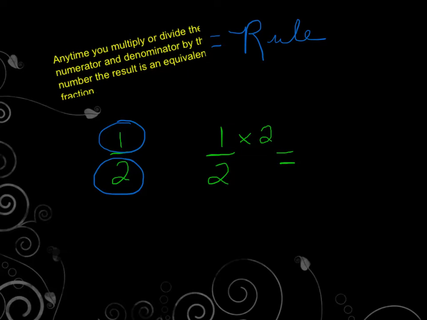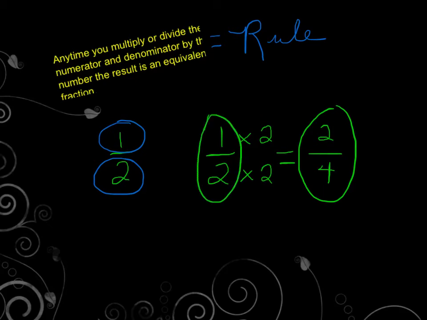Now, it says I have to do the same number times the numerator and denominator. So the same number has to be down here at the bottom as well. If I multiply 1 times 2, the result would be 2. And then 2 times 2 would be 4. So 2 fourths is equal to 1/2. Notice that. And that proves now, using some math, that our previous picture was true.